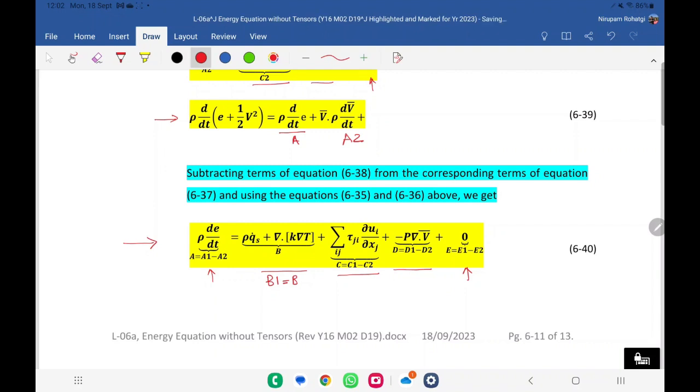Okay, now look at this equation. This is the equation in a non-conservative form. And where is the non-conservative component? It is here.